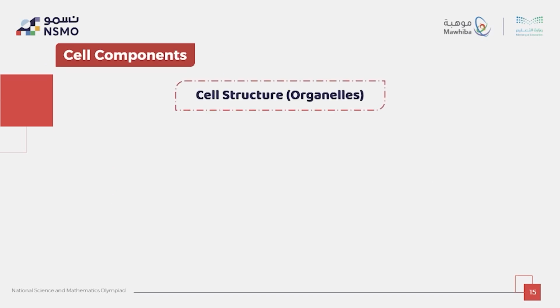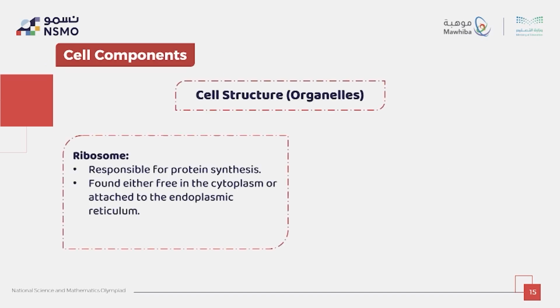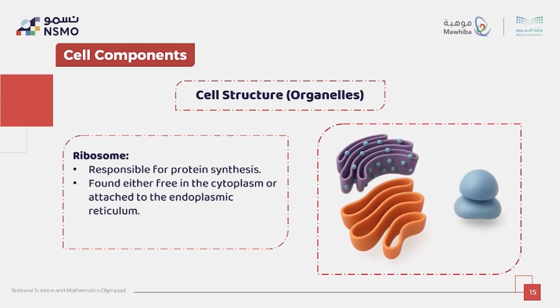Now we reach an important organelle, the ribosome. Okay, so the ribosome is responsible for protein synthesis. Without it, a cell cannot build enzymes, hormones, or any essential proteins. So ribosomes are found in two locations. Where is it?